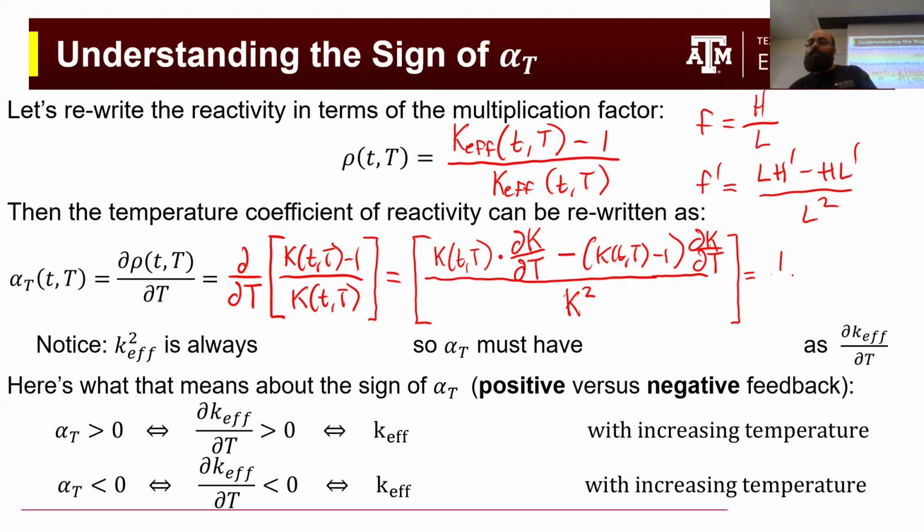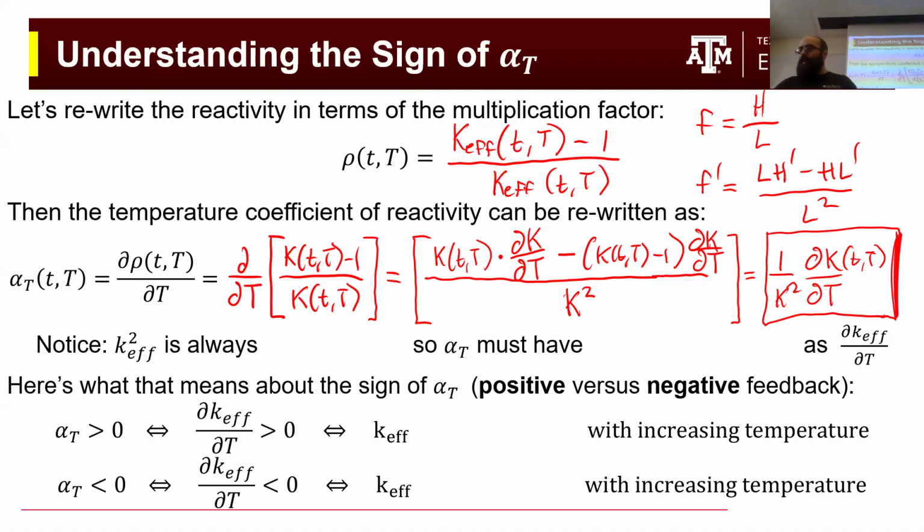So ultimately, it's going to look like 1 over k squared times dk dt, where k was a function of t and T. Hopefully that's okay. And that is how we can write our temperature coefficient in terms of the multiplication factor.